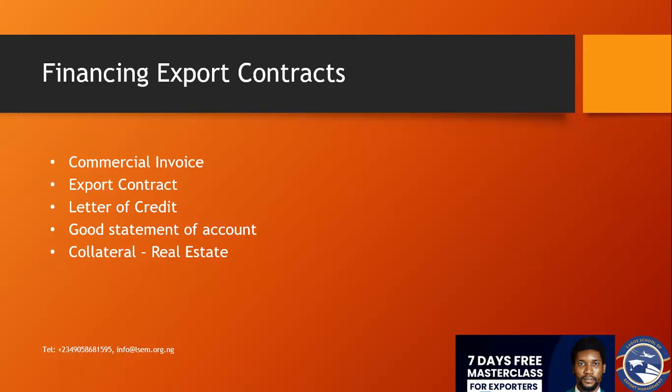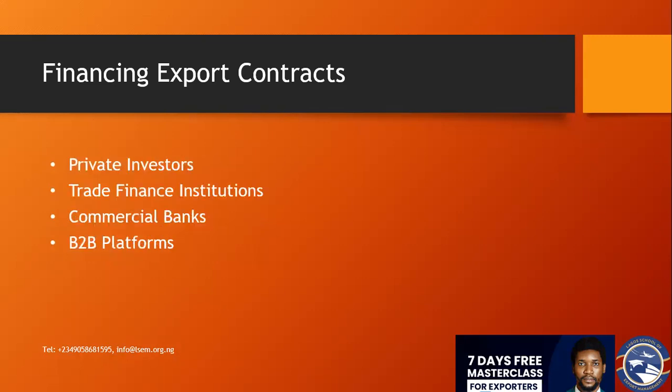But in case you are in a position where you don't have that real estate as collateral, then what can you do? You can use private investors. You can make use of your friends, your family, just like the normal routine of when you are trying to raise finance for any business, or when you are trying to raise capital.